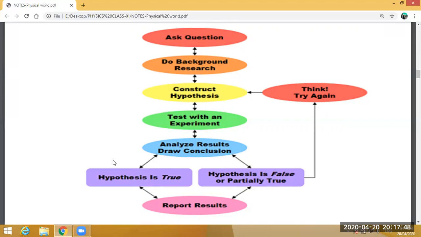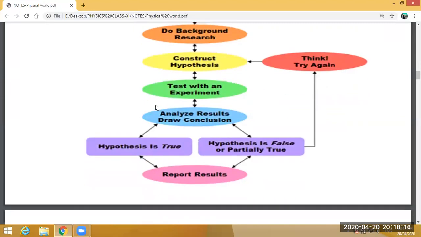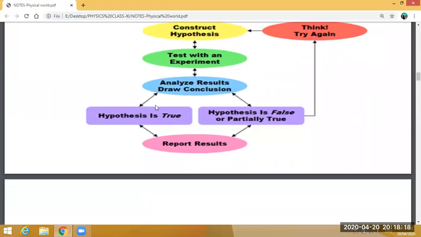If it is partially true, then think again and try to construct another hypothesis regarding that phenomenon. One day, one of the hypotheses that you have framed will be true and match with that phenomenon. Then this hypothesis becomes a law of physics, and it will explain that physical phenomenon.